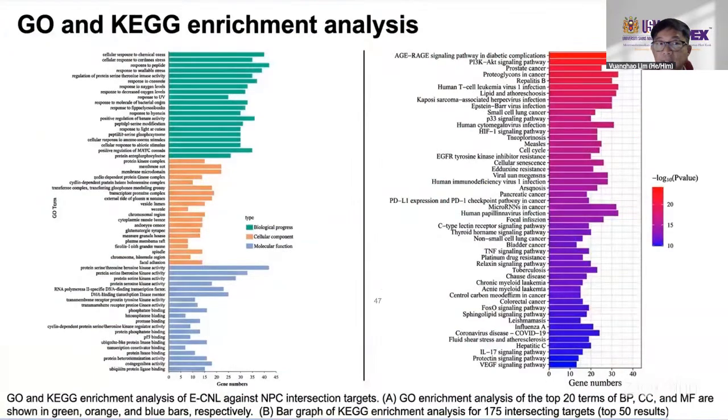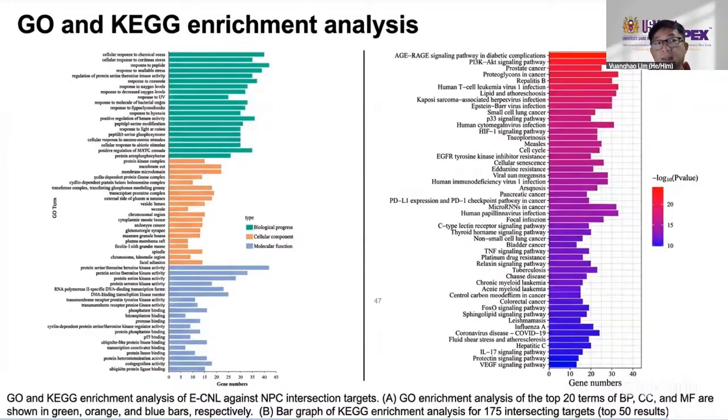Once the core targets have been identified, we then perform functional enrichment analysis. As you can see, this analysis tells us about the biological processes and also the signaling pathways that are significantly associated with the predicted targets. Rather than affecting one single pathway, these results suggest that multiple cancer-related pathways are simultaneously regulated.